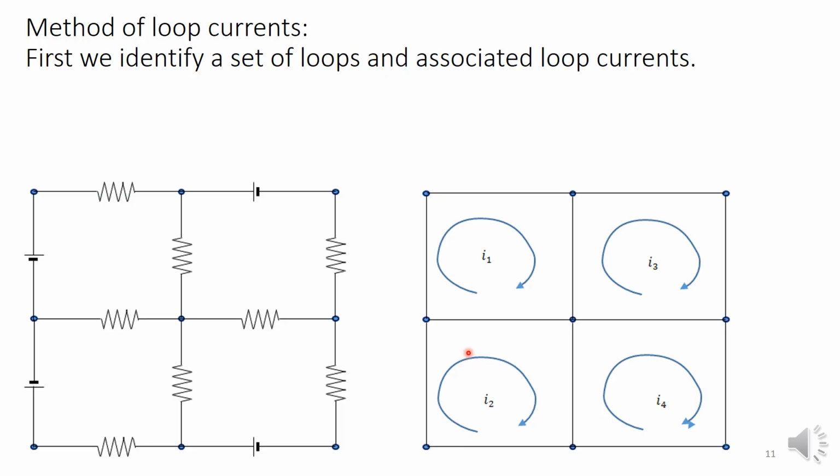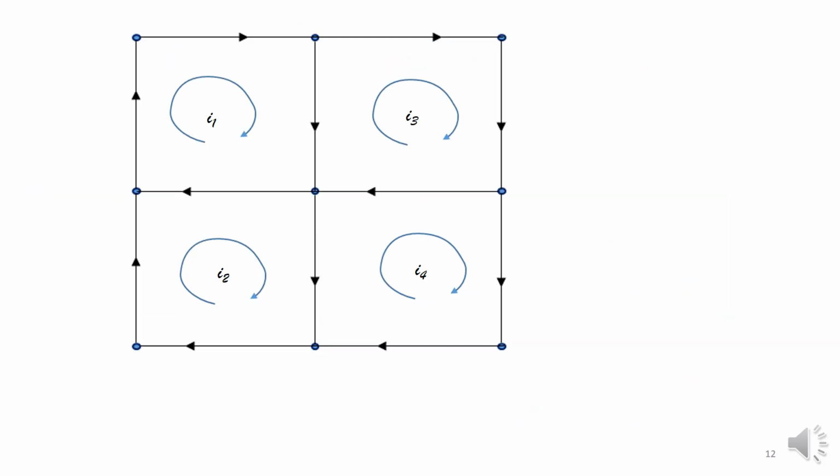The I2, think of this as current circulating around this cycle. I3 similarly, I4 similarly, and these are independent of each other. Again, I will make more videos going into more detail on these things.